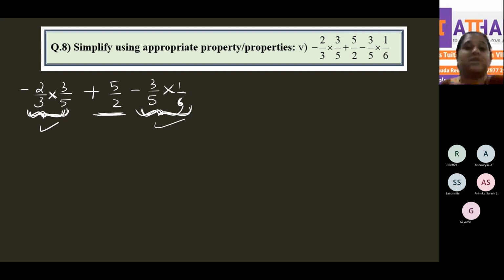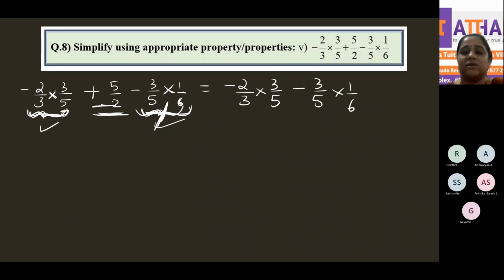So now we need to rearrange, which means we'll have to use the commutative property. Exchange the places. Why? Because there is 3 by 5 here, and there's something in the middle separating this one which has 3 by 5. So exchange it. How do you exchange it? Write the first part as it is, minus 2 by 3 into 3 by 5. Now write this one, minus 3 by 5 into 1 by 6.